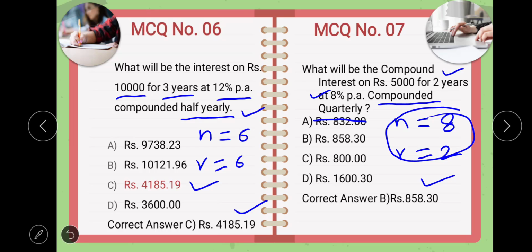So the compound interest is rupees 858.30. So here option number B is the correct answer. So in this way you will solve examples on compound interest, compounded half yearly, quarterly and monthly. We will see again 2 examples on it.